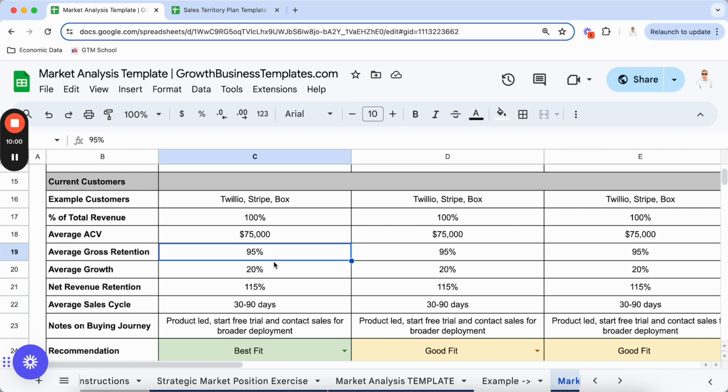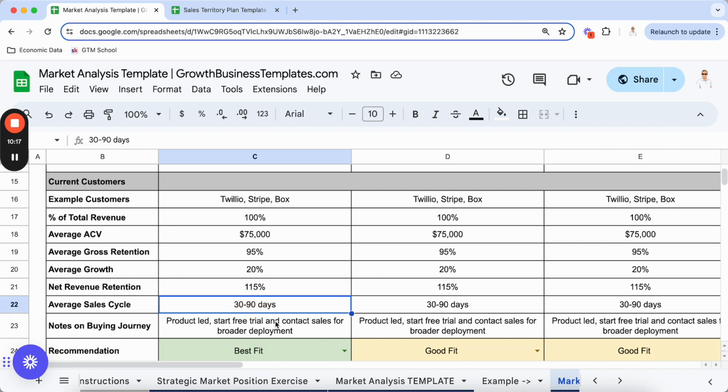So that's the gross retention. What's the average growth of those accounts, otherwise known as expansion? And then you can calculate your net revenue retention. So this gives you a sense of how well these customers from our current base are performing?